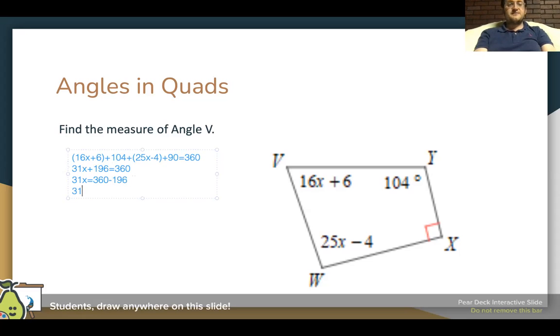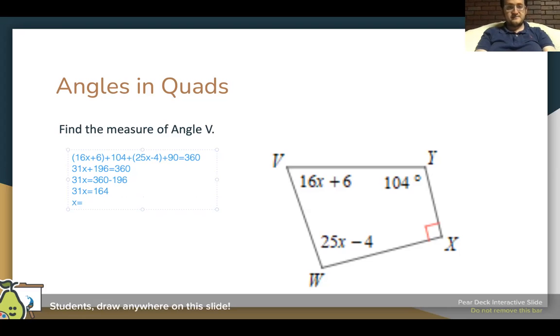So I got 31x equals 164, I believe. And then I'm just going to do 164 divided by 31.